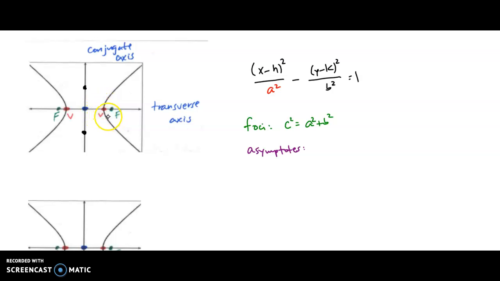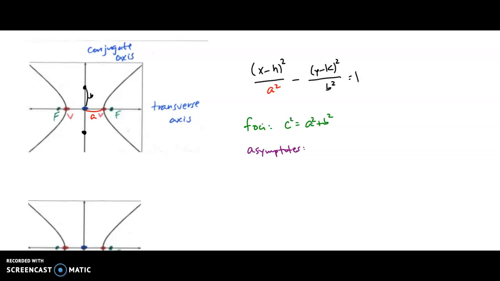Some of this I'll help you with in the examples. The A value is still the distance from the center to the vertex. This is A. The B value is up here, so this is B.